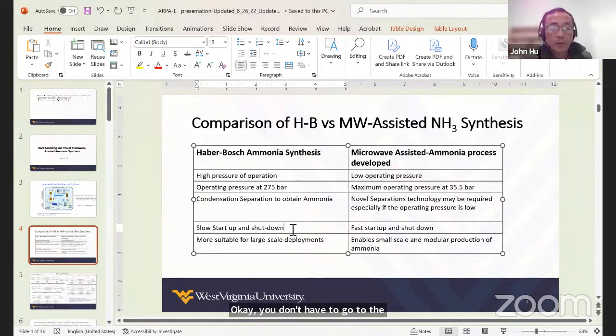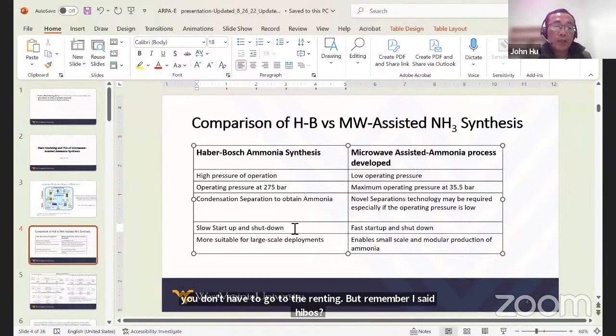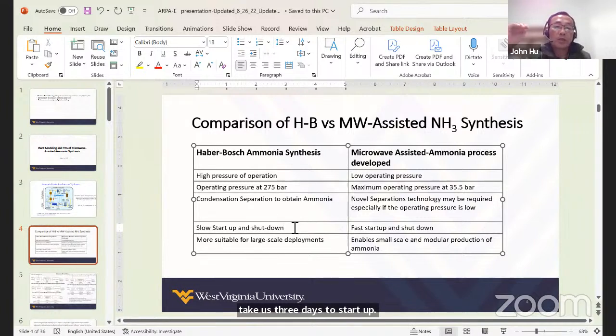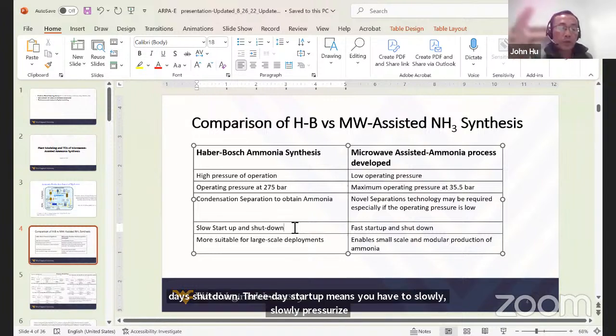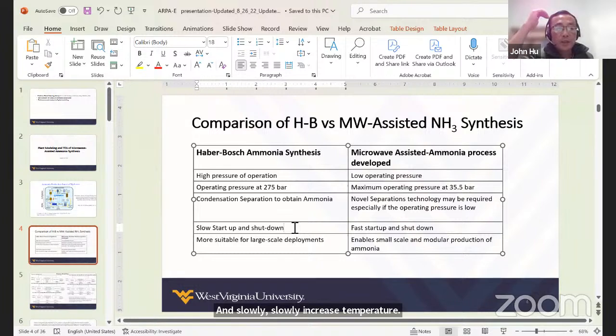But remember I said the commercial Haber-Bosch plant takes 3 days to start up and 2 days to shut down. 3 days start up means you have to slowly pressurize and slowly increase temperature, until you land at 500 degrees C and 275 bars, that's your condition. When you shut it down, you have to cool it down slowly.